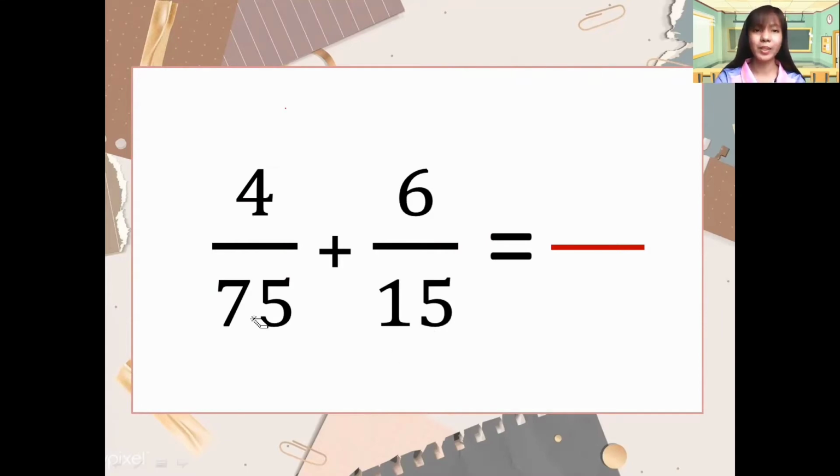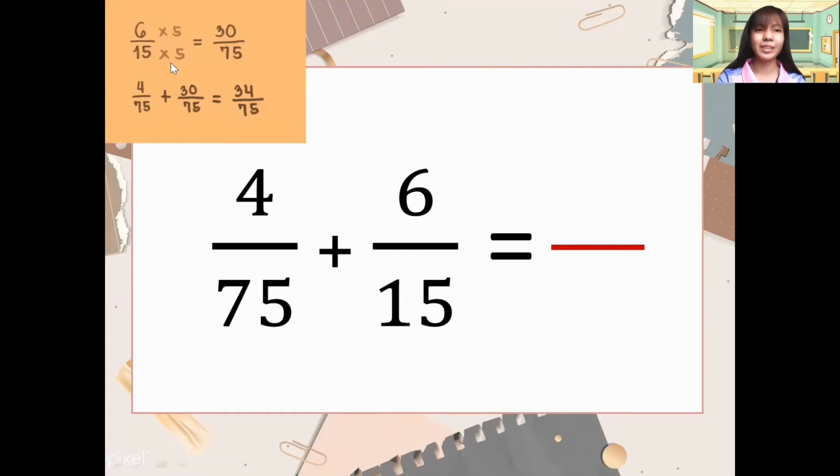I'll show you the process right now. Okay, like this one. So here, the 6/15, we have to multiply it by 5 so that we can have 75. Okay, because our goal is to make the same denominator. So we have to multiply it by 5.